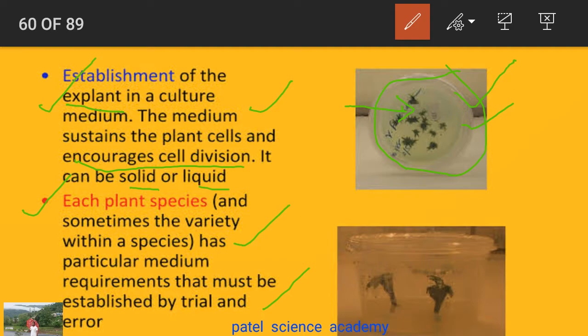So dear students, you can see here, you have inserted the explant in this nutrient medium, and if it is not accepting this nutrient medium, and if it is not dividing into a mass, you have to repeat this process again. So repeat it more and more until it develops into this mass of tissue, that is called the callus. So this process is called trial and error method.